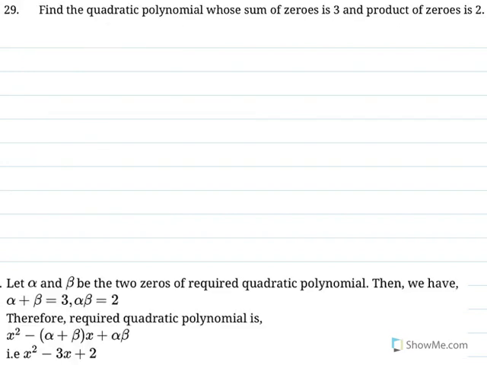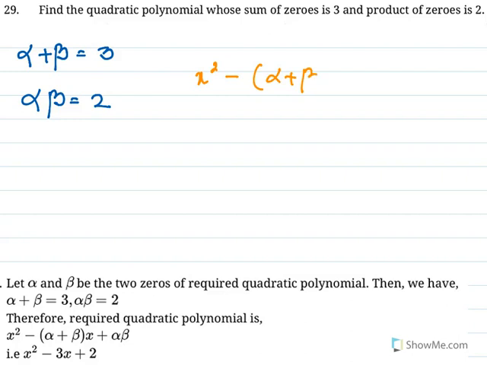Find a quadratic polynomial whose sum of zeros is 3 and the product of zeros is 2. Sum of zeros means alpha plus beta equal to 3, and alpha into beta equal to 2. So we directly go ahead and find. We have x square minus (alpha plus beta) x plus alpha beta.